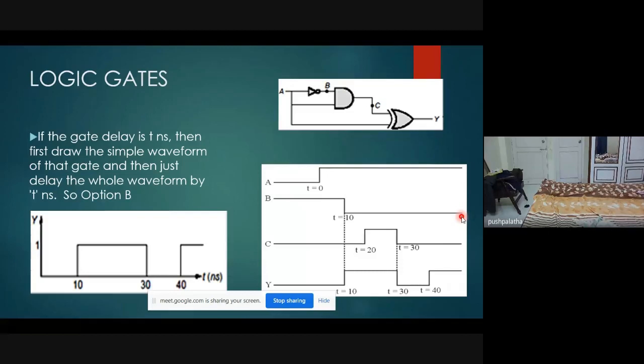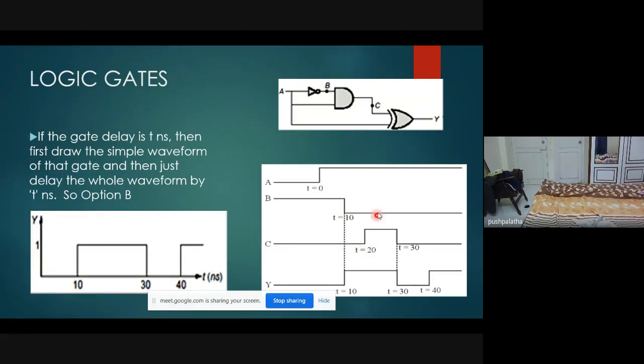Clear? Next, the point C is the output of the AND gate. The delay given here for the AND gate is around 20 nanoseconds. So here you have 10, and here 20 nanosecond. So obviously this is t equal to 10 and t equal to 20.